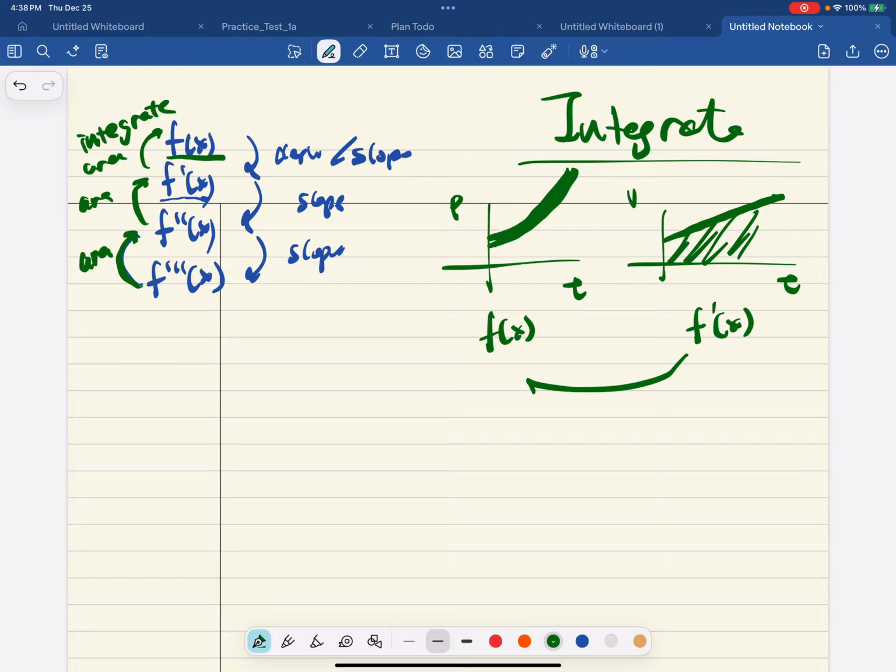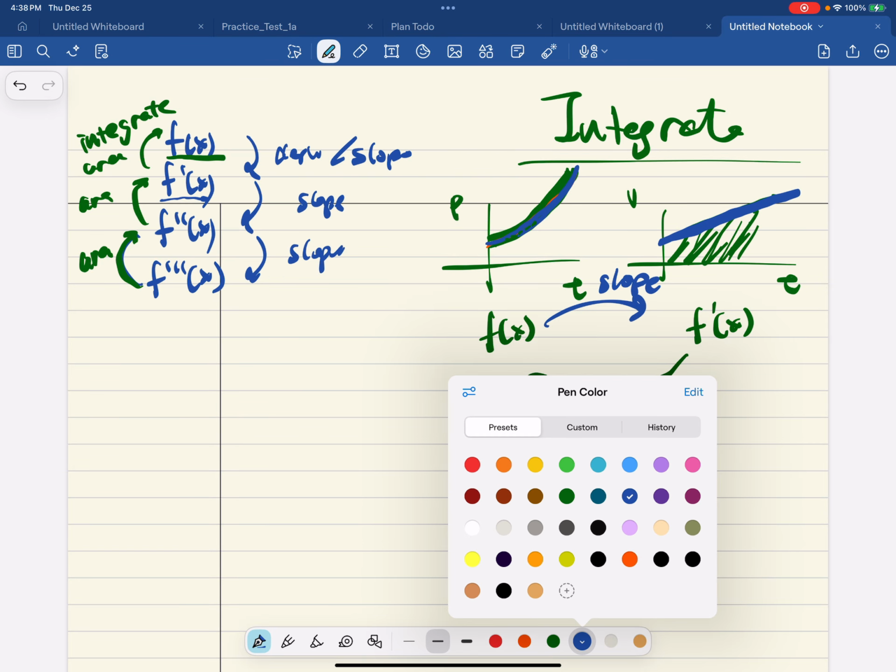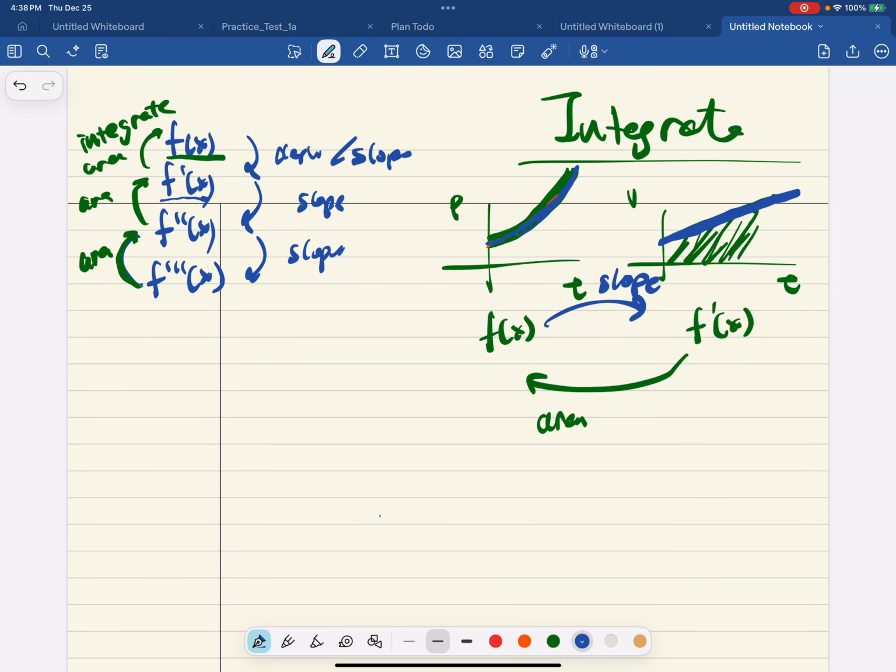So going that way is area. The area here is equal to the function here, and going the other way is the slope. The slope of this function is equal to the function of velocity. Now, that's basically all you have to know.